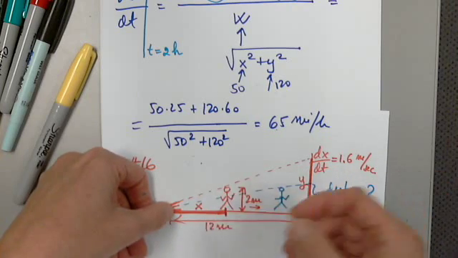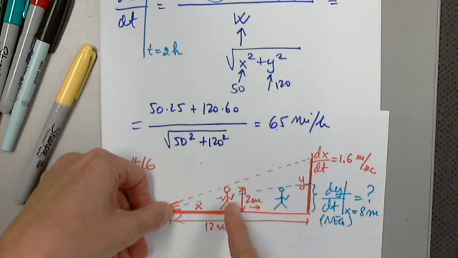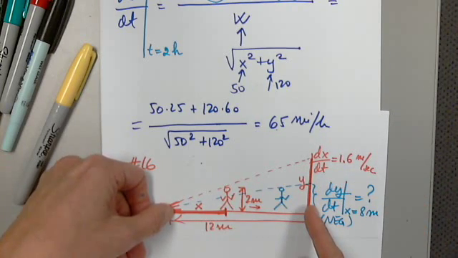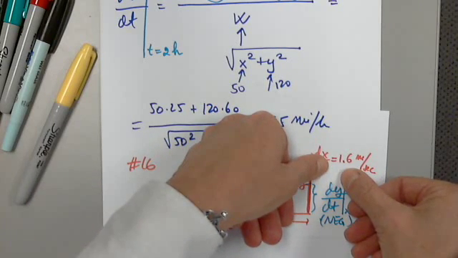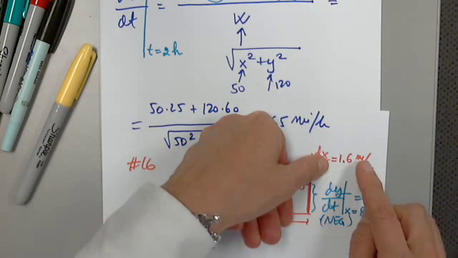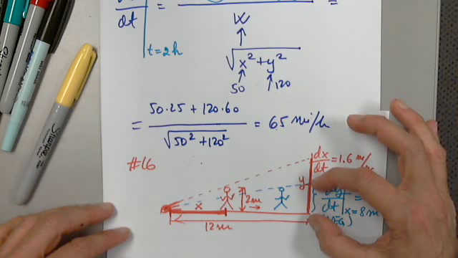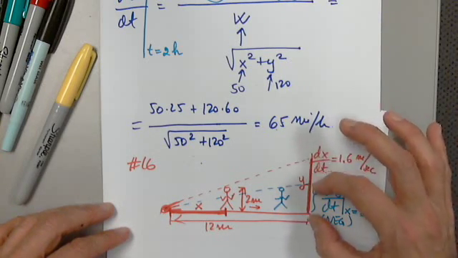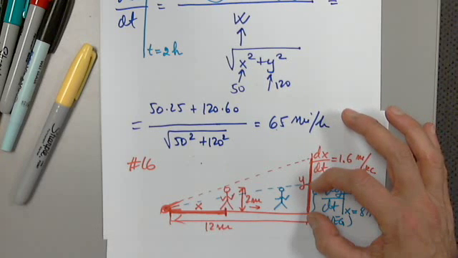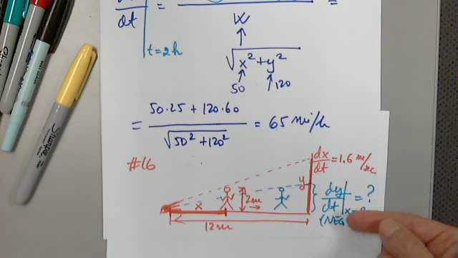It's a positive rate because the distance is increasing as he gets closer to the wall. We are given that rate of change. He's walking at 1.6 meters per second. We are asked to determine how fast the shadow on the building is changing or decreasing at a particular instant. But that instant is not of our concern at this point. What is the instant? When x is 8. But if I don't have the function, I can't use the instant.